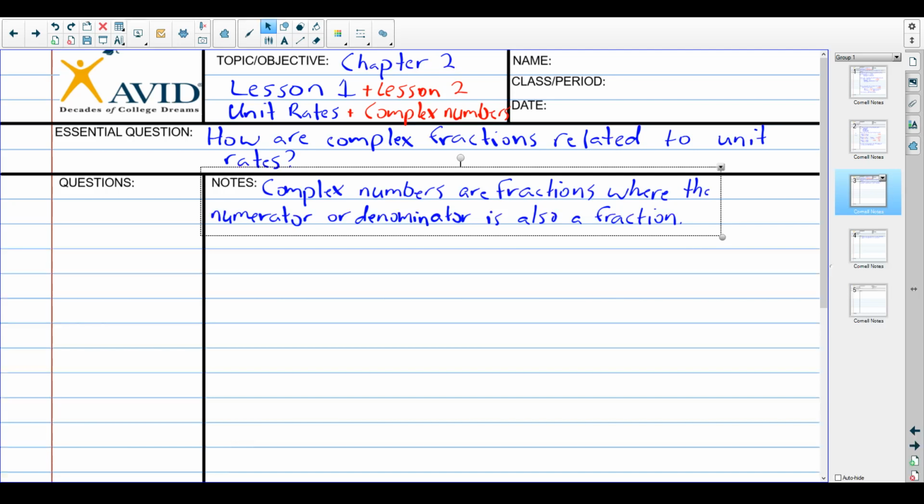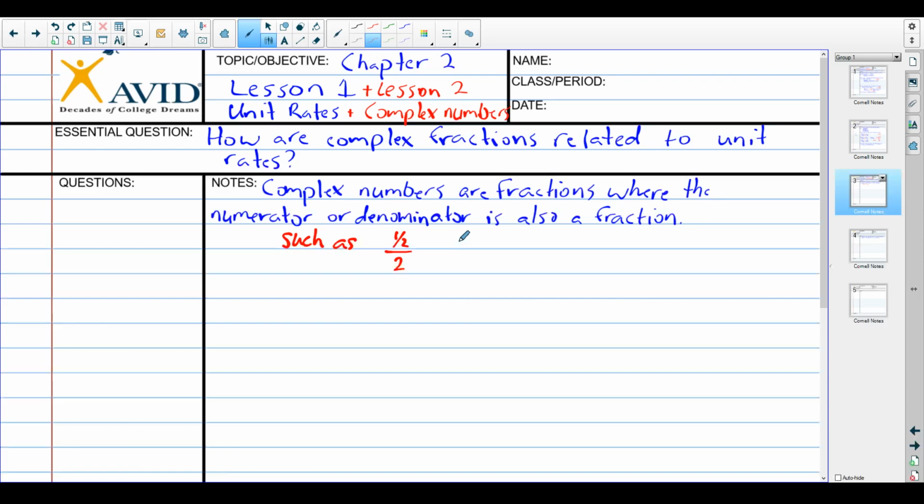My example here, such as 1/2 divided by 2, or 4/3 over 3/4. So again, this looks terrible, but it's not that bad.